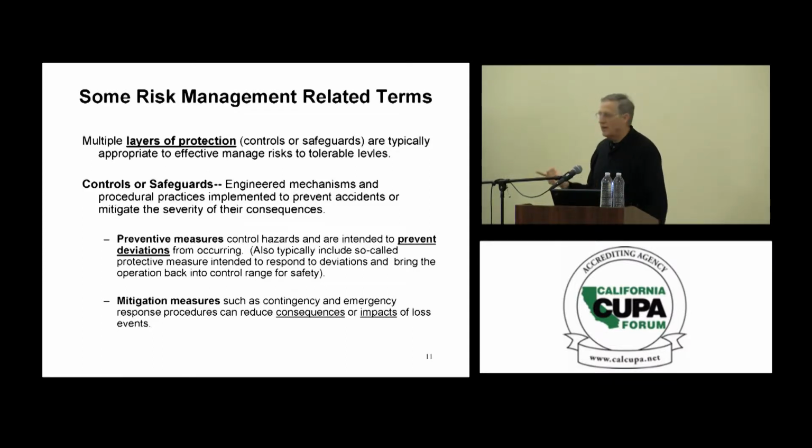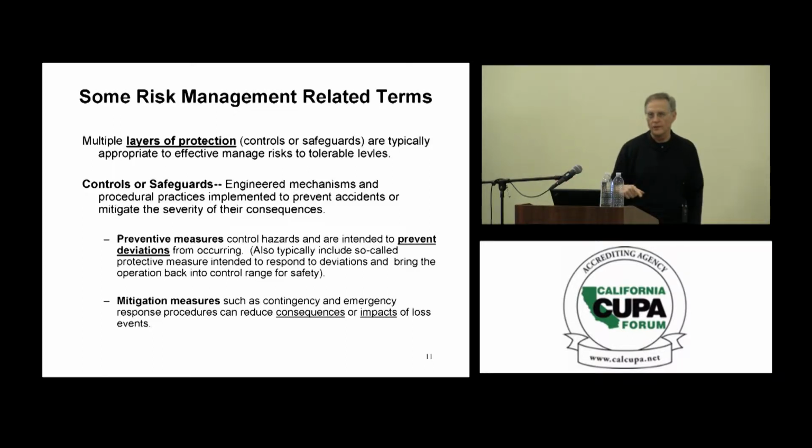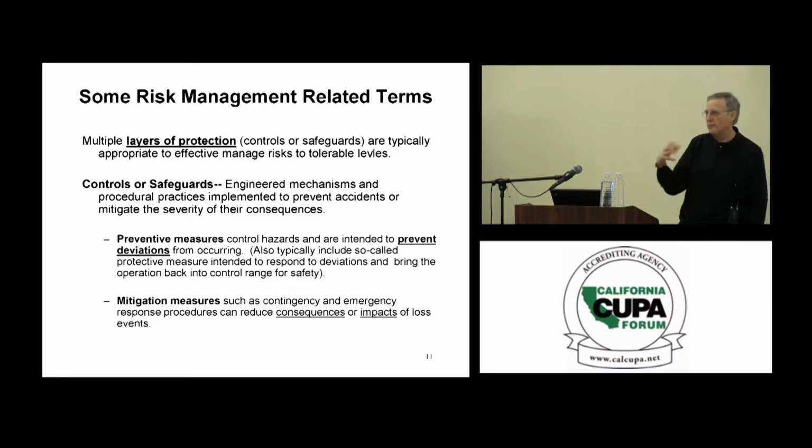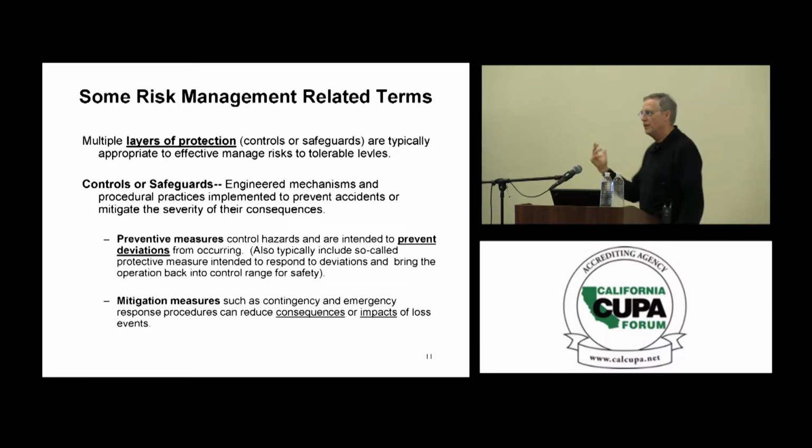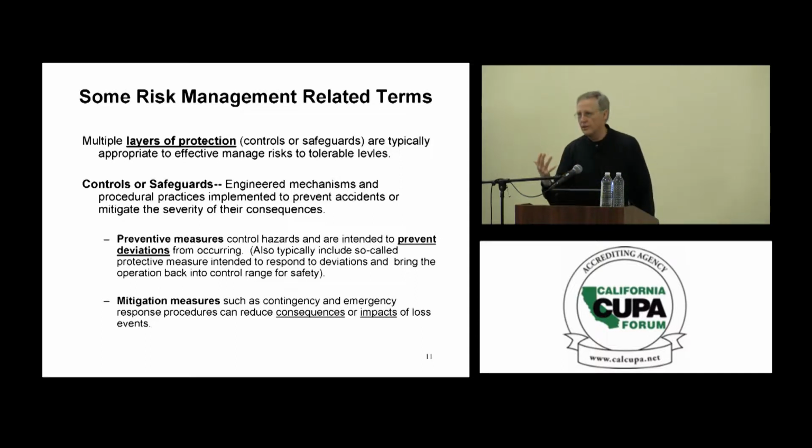And we're going to be looking at, we often have multiple layers of preventive measures. And what are preventive measures intended to do? On the risk equation, preventive measures are intended to reduce the probability that an event will occur. So when you hear about preventive safeguards and mitigative safeguards, it goes back to risk.